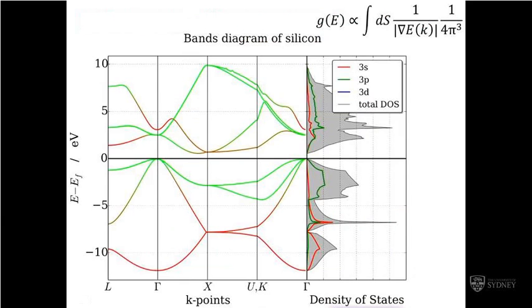What I just showed you was more of a toy model. This represents the real band structure of silicon. Normally we have just considered this parabolic part, and maybe another band up here.